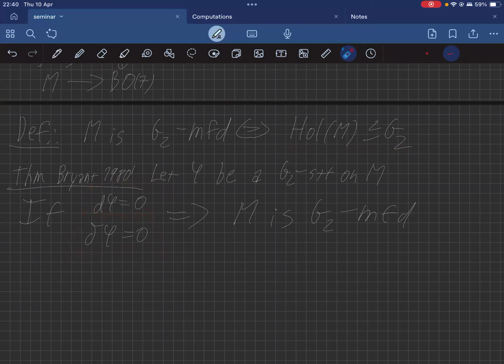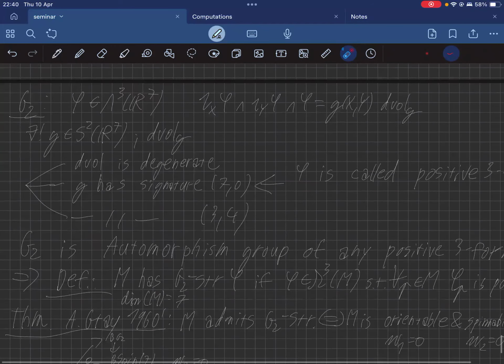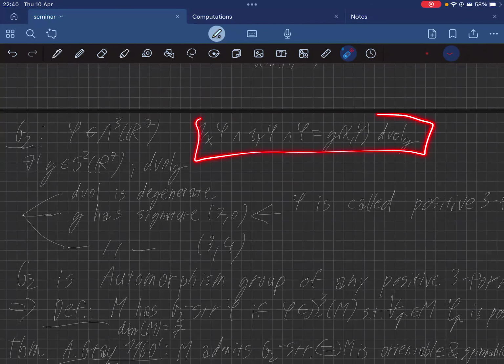That seems very simple. The problem is with this codifferential delta here, because as you know, the codifferential depends on some metric. So what is this metric? The metric is the one given by phi. If you remember, we had this highly nonlinear equation: if I give you phi, there exists a unique metric g that satisfies this equation. So every G2 structure gives you a Riemannian metric.